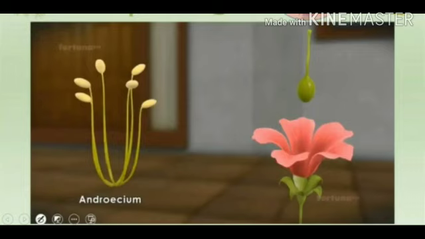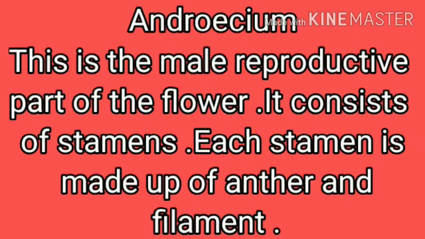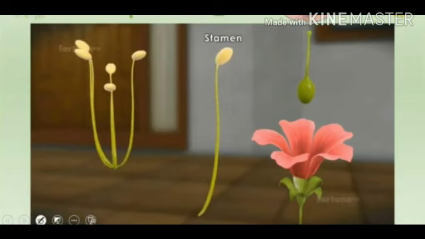Now observe the figure. You will see androecium. Androecium is the male reproductive part of the flower. It consists of stamens. Each stamen is made up of anther and filament, as you see in this figure.